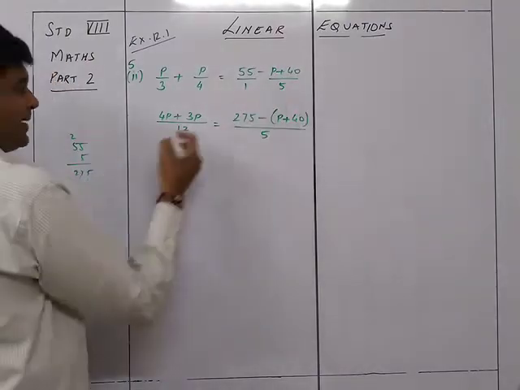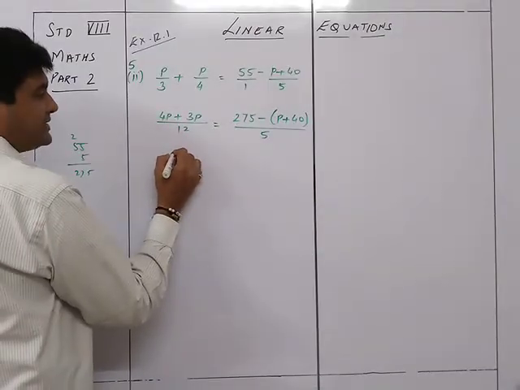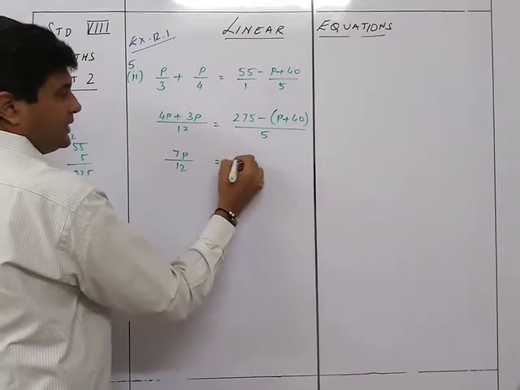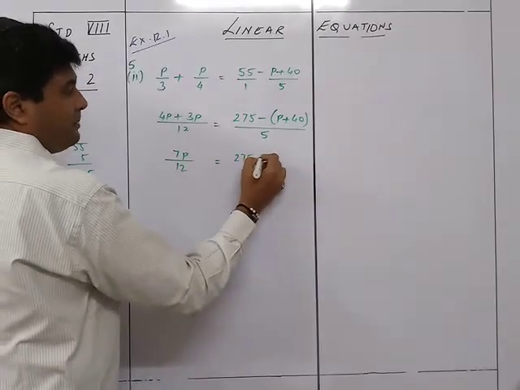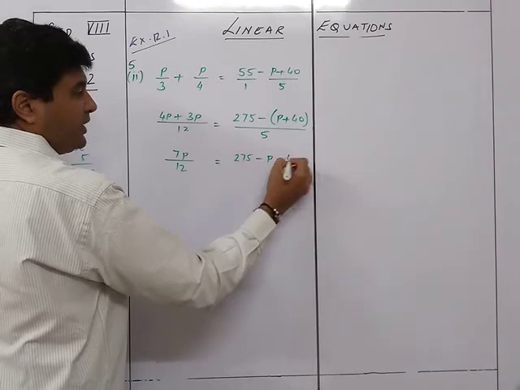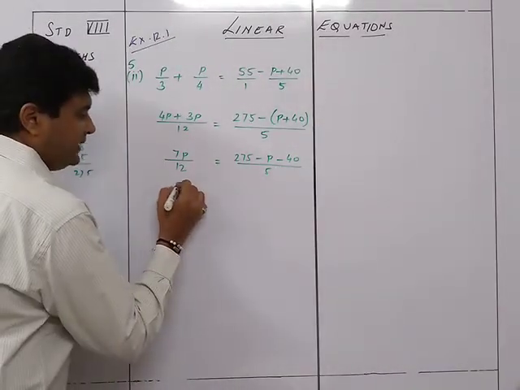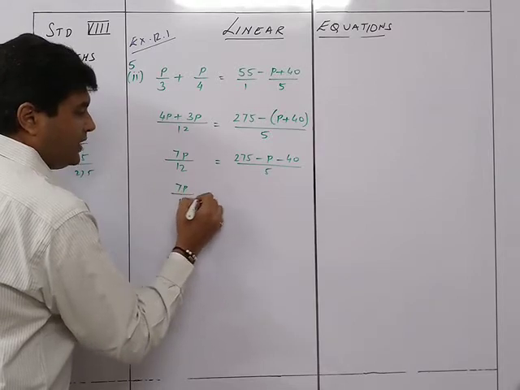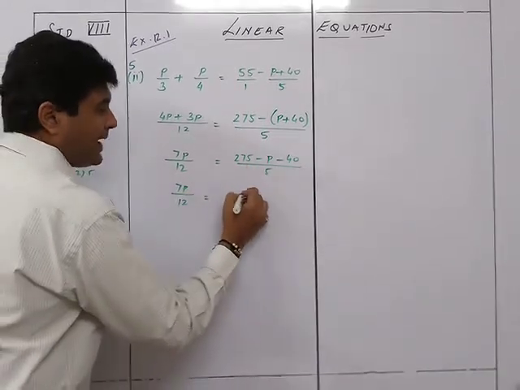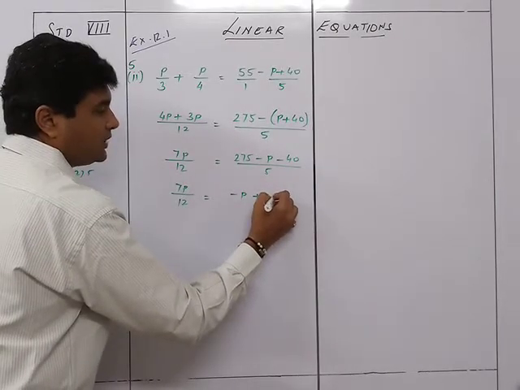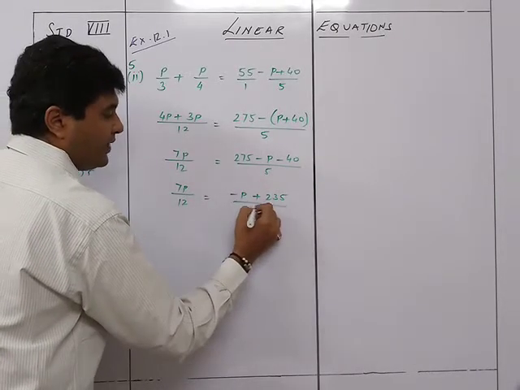So on opening the brackets we get 7p upon 12 is equal to 275 minus p minus 40 upon 5. So this will be 7p upon 12 is equal to minus p, now if you subtract this, you get plus 235 upon 5.